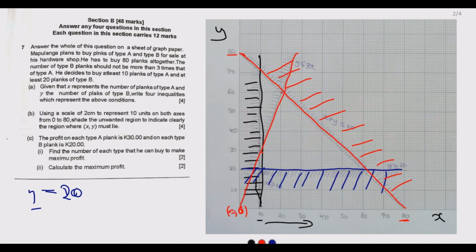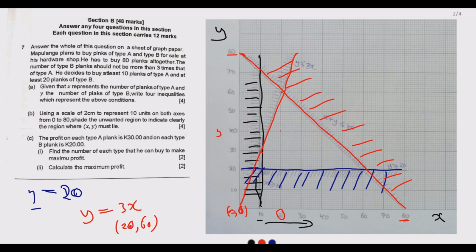Now this line, we are saying this side, when we put in this equation 3x, x is 20. 20 times 3 is 60. Okay? So when x is equal to 20, y is supposed to be 60.